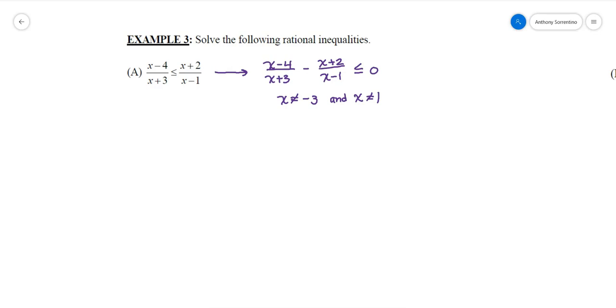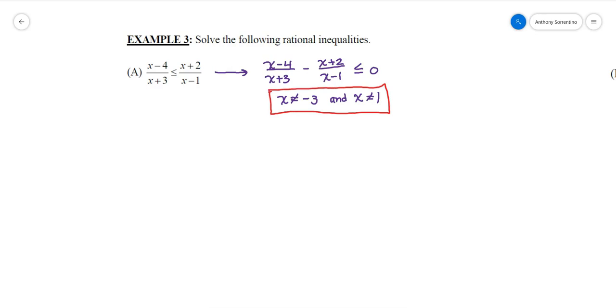Also, as I talked about before, these would usually indicate vertical asymptotes, and around vertical asymptotes I can jump from being positive to negative without passing through a 0 in between. So these are going to end up being points that I have to consider on my number line. I haven't gotten to the point of needing one yet, but eventually when I get to my number line, these are going to be a part of it.